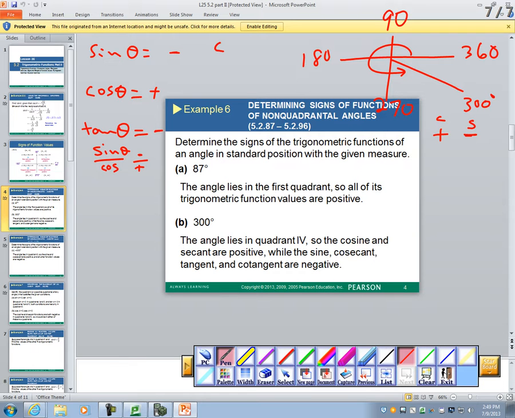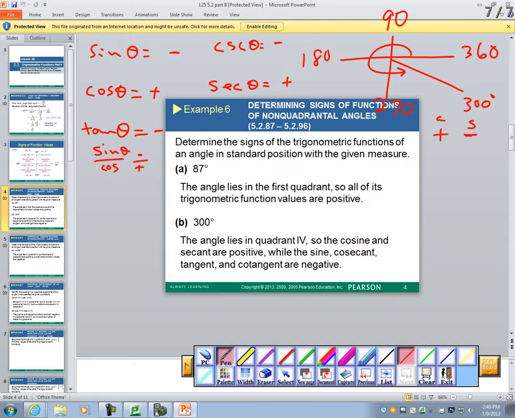So how about cosecant? What's that? Positive or negative? Negative. If sine's negative, cosecant is also going to be negative. Secant. What's that? Positive. All you've got to do is look at its reciprocal, cosine.